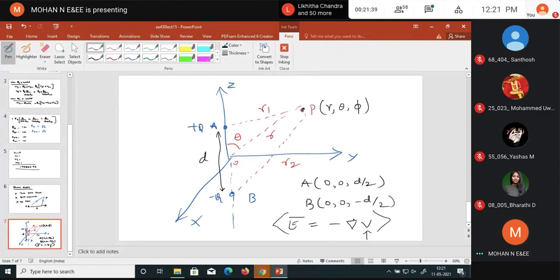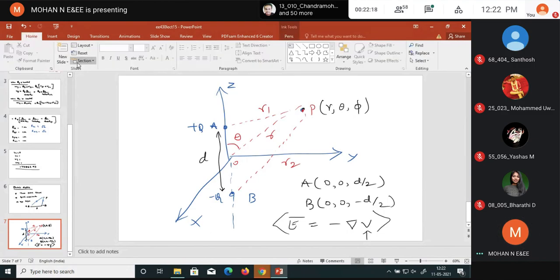So let us find the potential at P due to charge plus Q, and the potential at P due to charge minus Q, and add both. You will get the total potential at point P, and then you can take the gradient of it. Then you'll get the electric field due to an electric dipole.